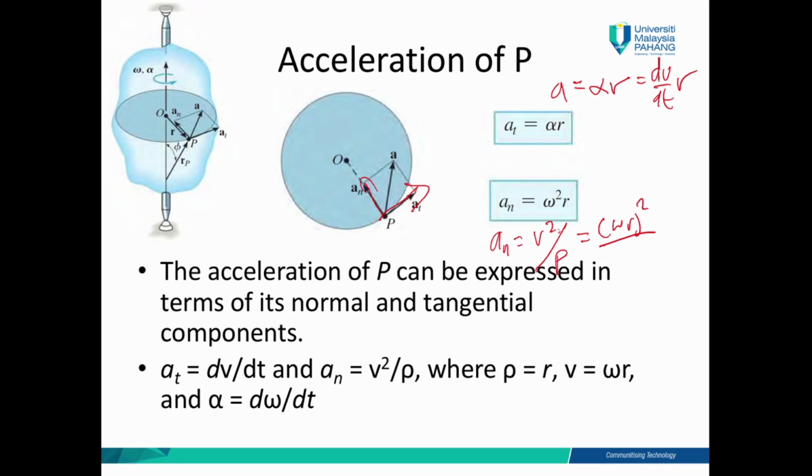Rho is r, because this is a perfect circle. And omega to the power of 2 r to the power of 2 divided by r means it is omega to the power of 2 times r. So this is just rearranging. It's not really complicated. So this is how you convert from your angular components to your acceleration and velocity.